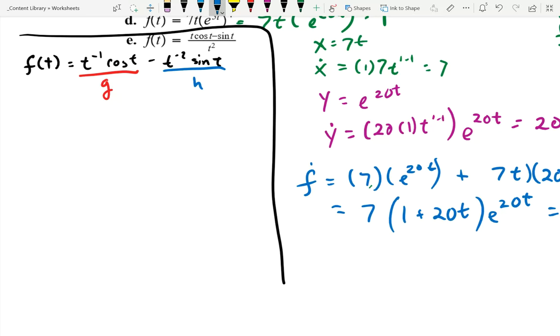I'll call it H. So I think quite clearly, F dot is equal to, oops, I should not have underlined it, because when you underline it, it looks like you're doing a division.